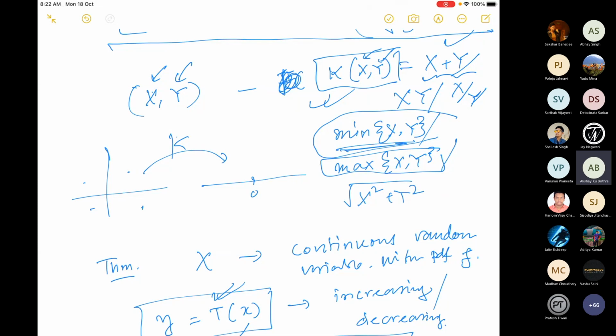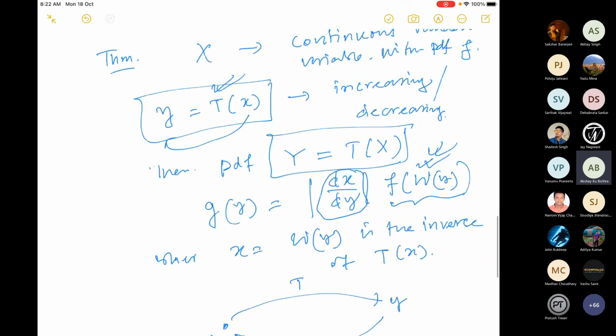Sir, I have a doubt in that previous theorem, not for the bivariate. For the single variable, I have a doubt that y equals to t(x). If there is some maxima or minima in that, then we can also write the inverse.